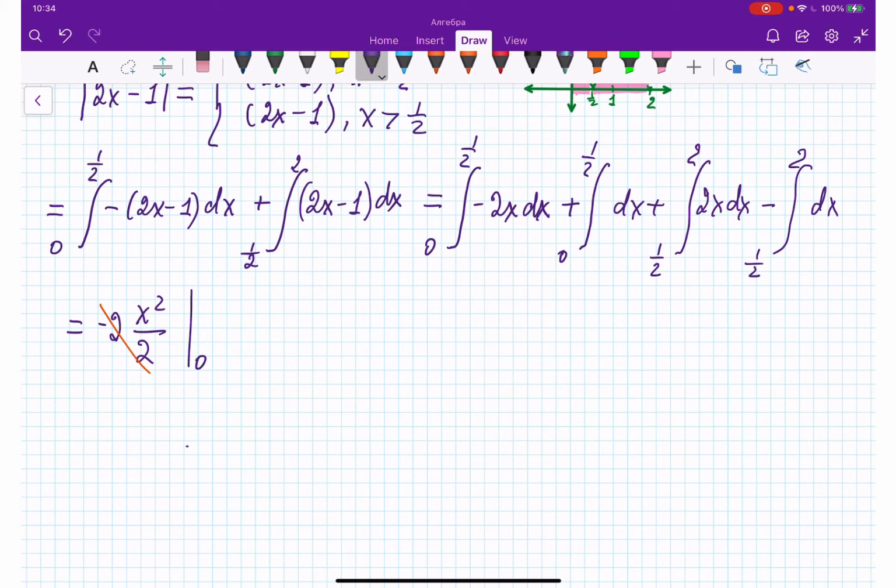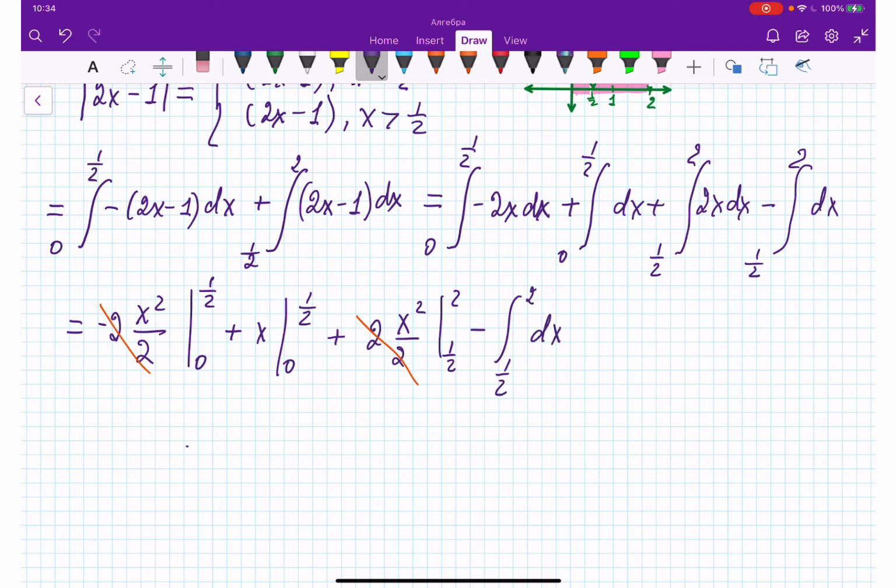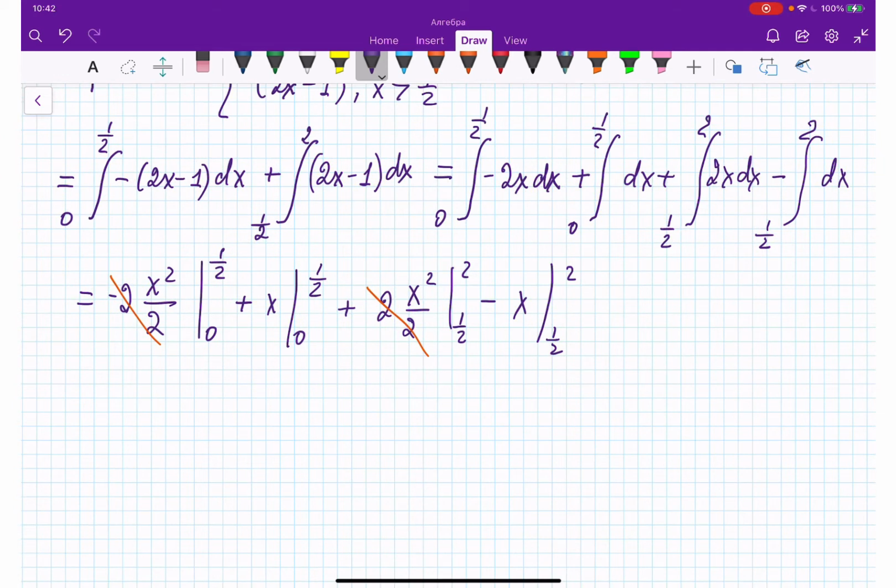We need to plug in limits 0 and 1/2, and then plus x from 0 to 1/2. Then again 2x squared over 2 from 1/2 to 2, and minus x from 1/2 to 2. So we have negative 1/2 squared, minus 0, obviously.